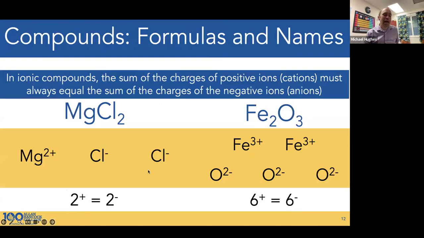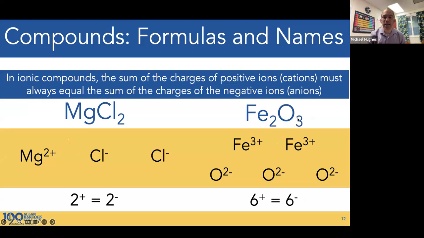And we can use that information. If we know that there are 2 chlorines with magnesium, that magnesium is 2+ as an alkaline earth metal. We know that will always be true. But for something like iron, which is a transition metal, we don't necessarily know what charge the cation is because the cation can be multiple charges.